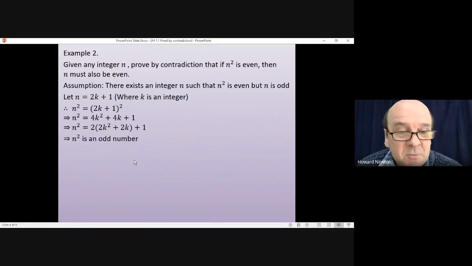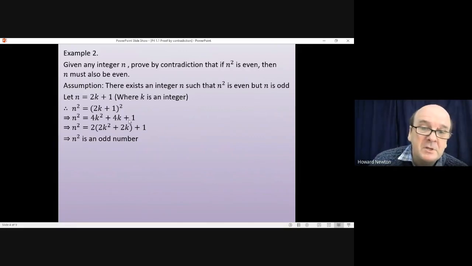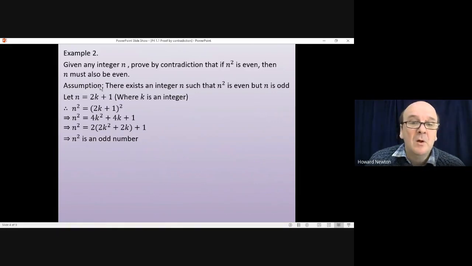But that means that n squared is an odd number, because we've got 2 times an integer, 2k squared plus 2k will be an integer, plus 1. So if n is an odd number, n squared is an odd number. But that disproves our assumption. Our assumption said, let's assume that there is an integer n such that n squared is even, but n is odd.